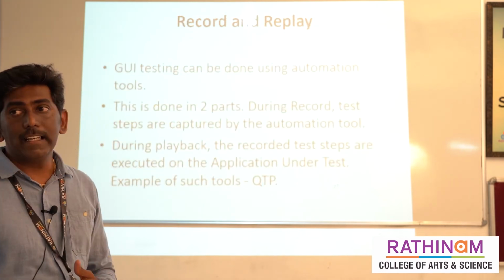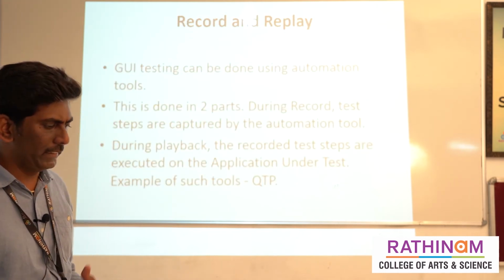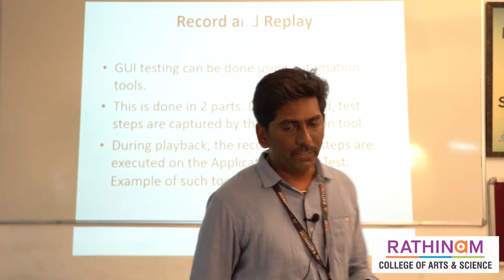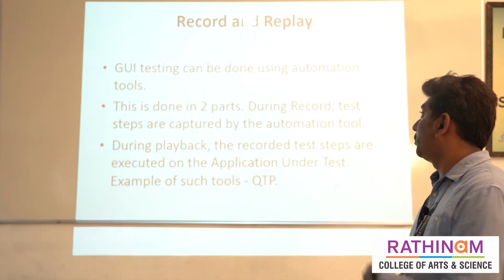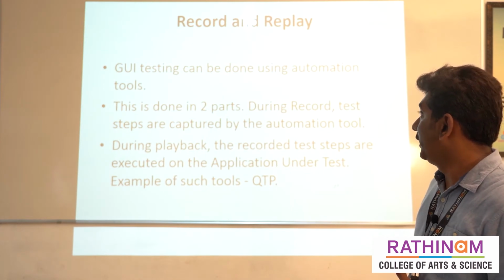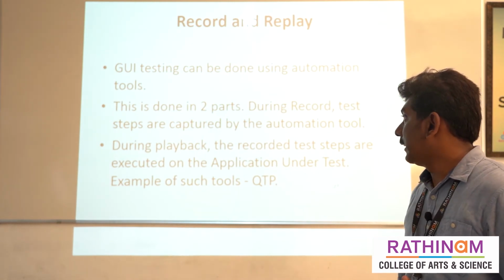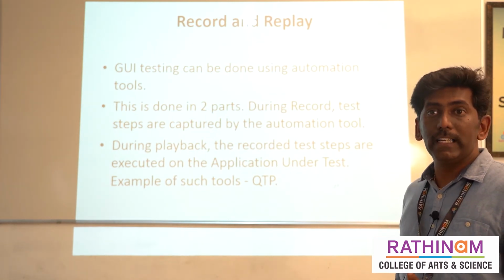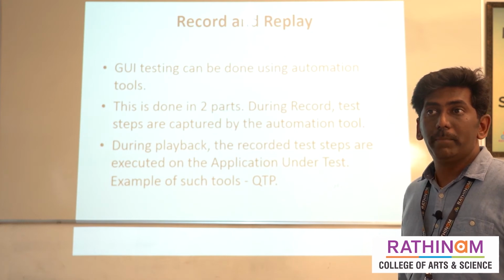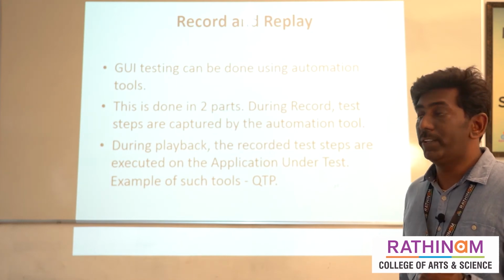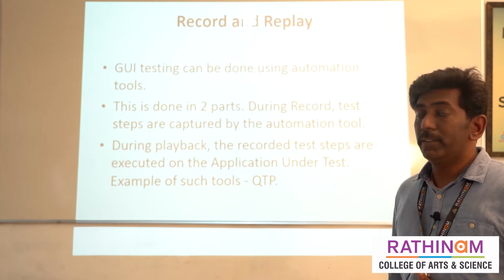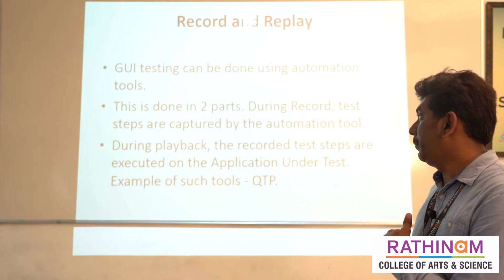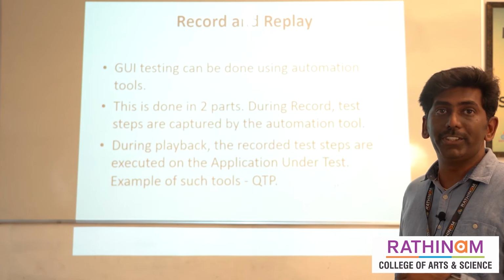Second, record and replay, which is a very important part. GUI testing uses two parts: record set and playback. Record set is done by the automation tool, which captures the actions, and replay is used for the execution part.